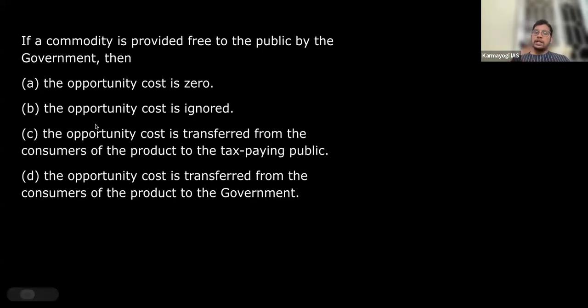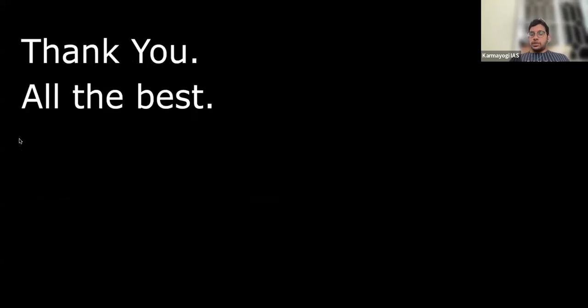Here, if government gives free goods to the public, it seems that C and B both are correct, but ultimately whatever the government spends is collected from the tax-paying public only. So the most appropriate answer is C. So answer is C. So this is all from the economics quick revision session.